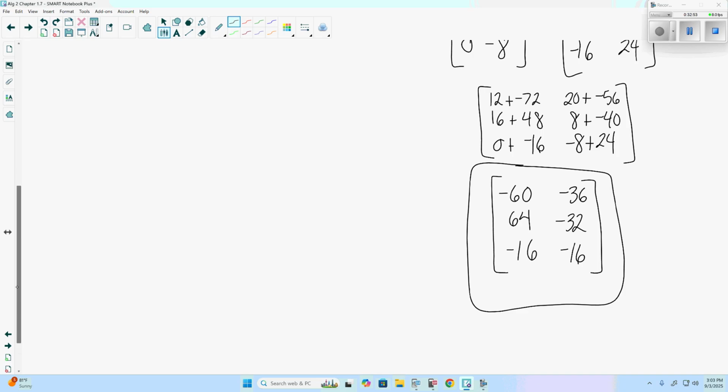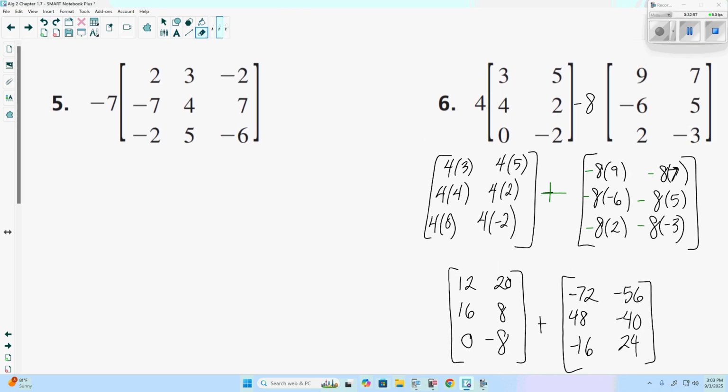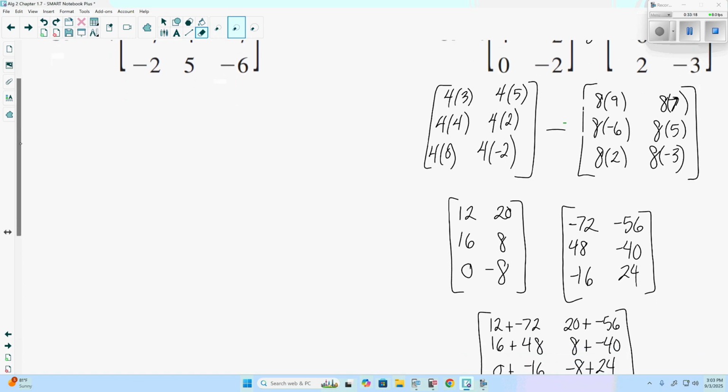Now, I did say I would go back and show this again. You don't have to change it. You can just watch this here. There's an eraser. As if we kept it as +8 instead of -8 and then subtracted. Let's see what changes.